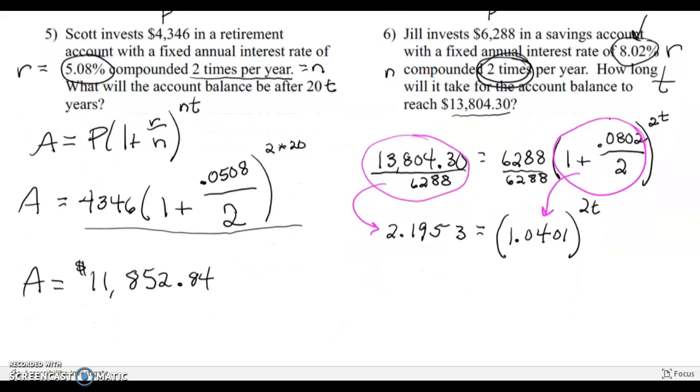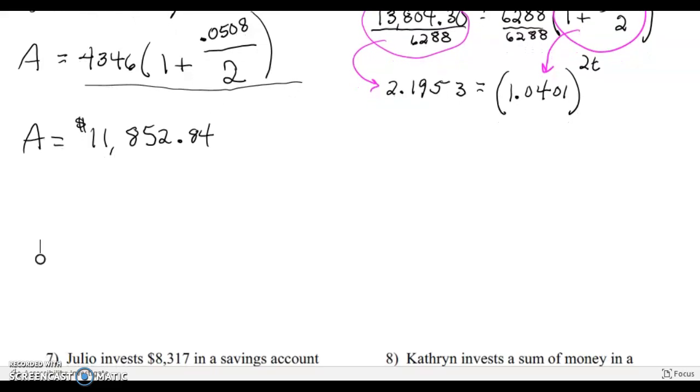This is the point where you'll take it and put it in log form. My base is 1.0401. We know logarithms equal the exponent. The exponent's 2t.